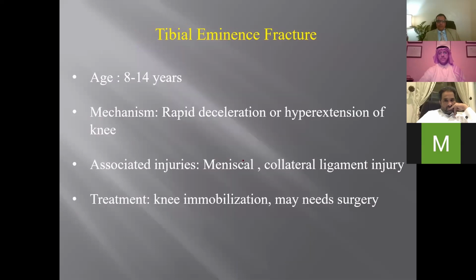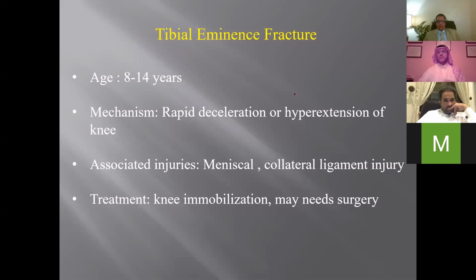So what is the tibial eminence fracture? It's affecting ages 8 to 14 years. The mechanism is rapid deceleration or hyperextension of the knee, and usually associated with another injury affecting the ligaments, like meniscal injury, affecting the collateral ligament of the knees as well.